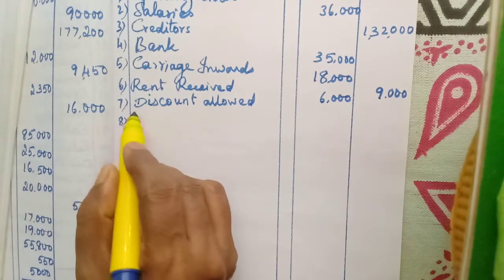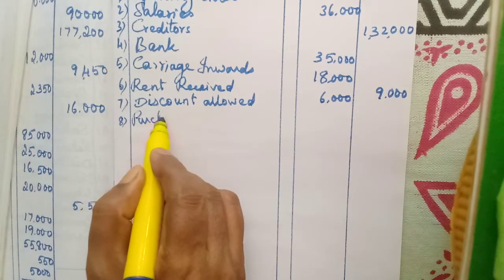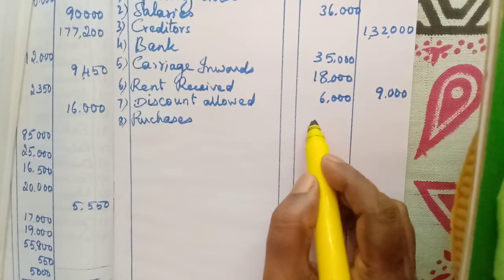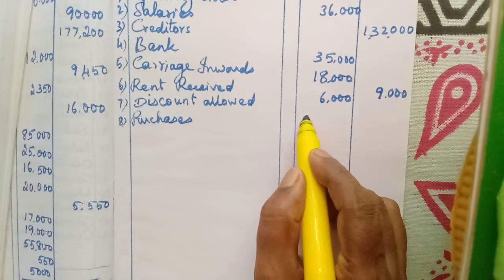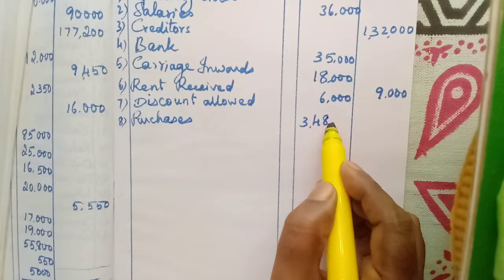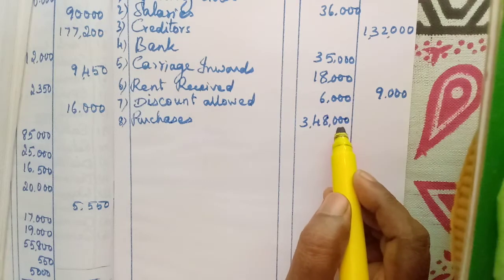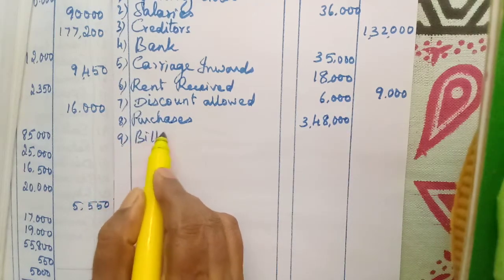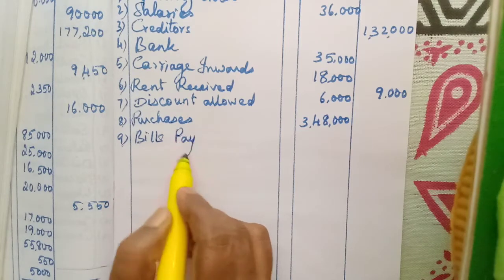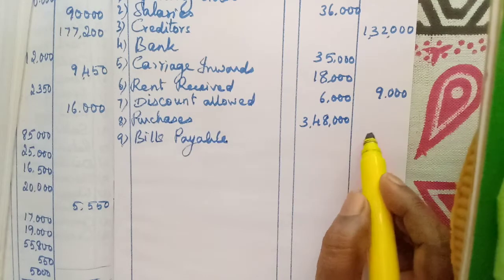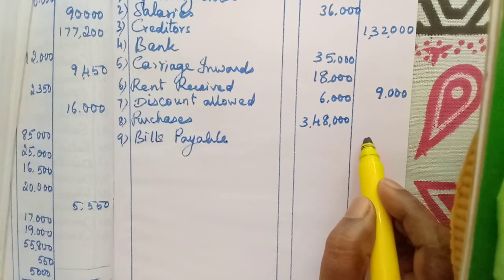Purchases. It is also one expense. Debit purchases 3,48,000. So 3 lakh just below 1 lakh. Okay, then 48,000. Bills payable. Bills payable credit. Okay, 60,000.